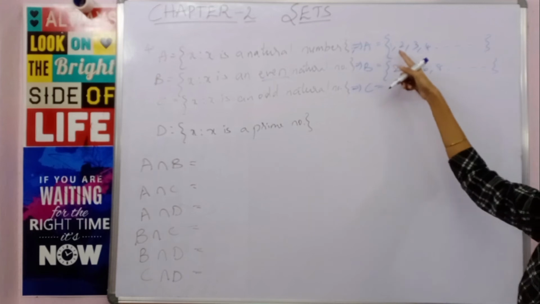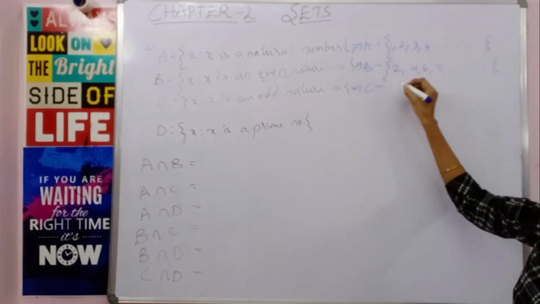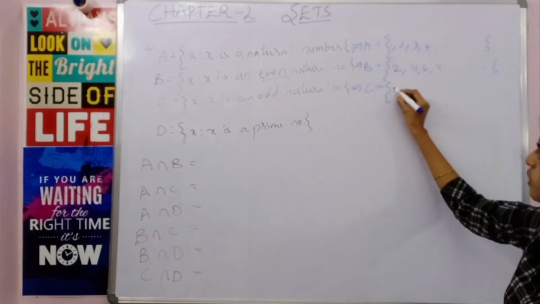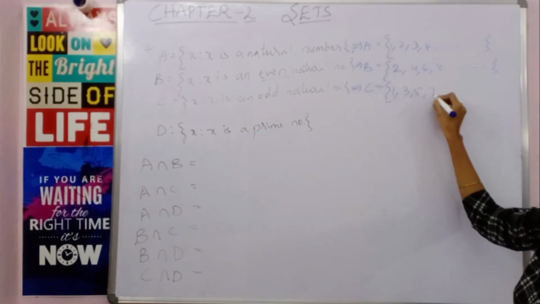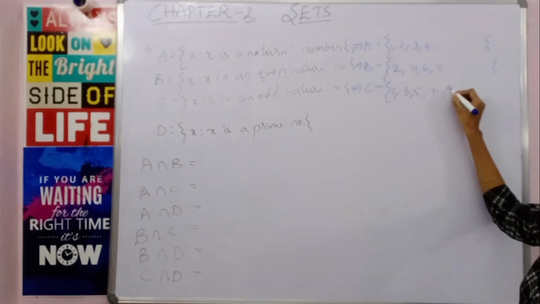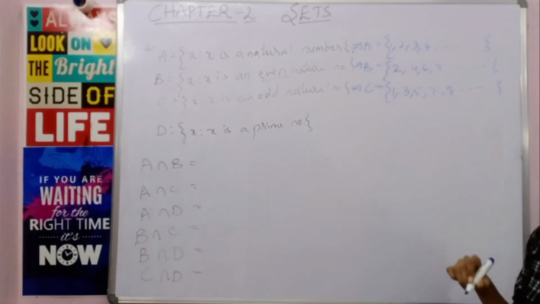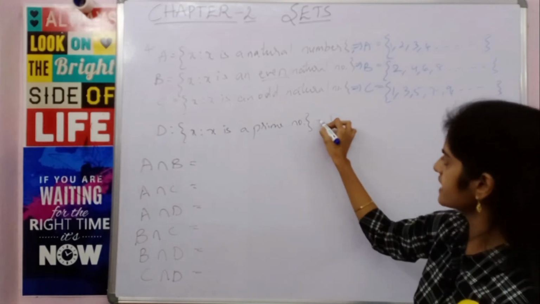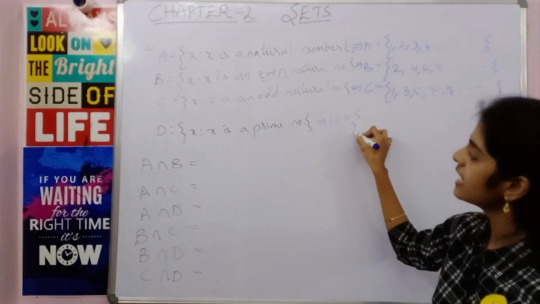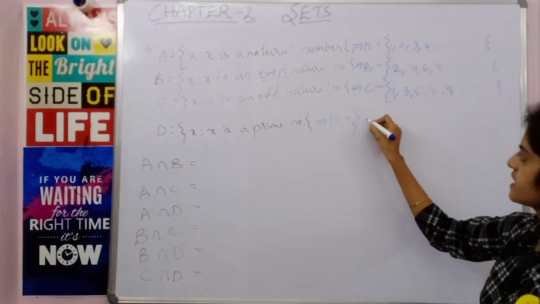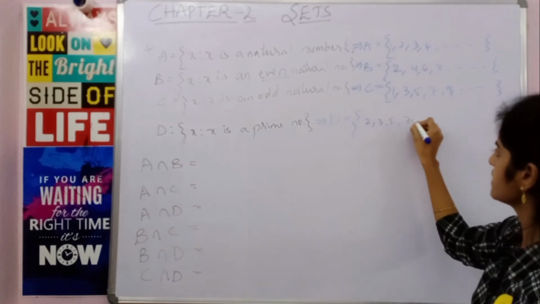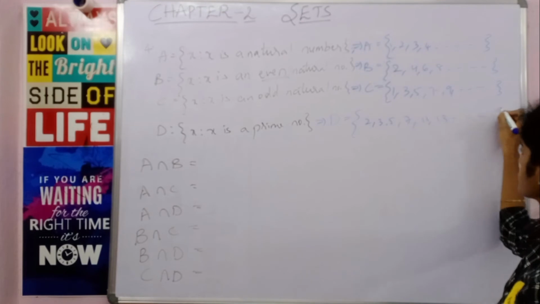Natural numbers start from 1, 2, 3, 4 and we want odd natural numbers. That means you want 1, 3, 5, 7, and so on. All these are odd numbers. Clear? Now D is a set containing all prime numbers. It is 2, 3, 5, 7, 11, 13 and so on.